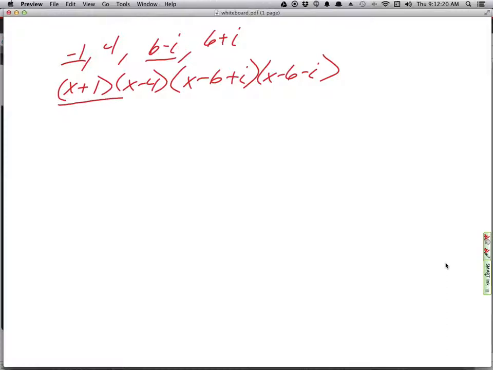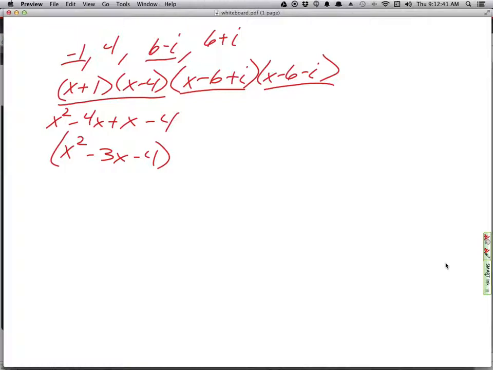Okay, so we multiply this out right here. That is x squared minus 4x plus x minus 4, so we're looking at x squared minus 3x minus 4. Now on the other one, I've just got to take each term times each term. So x times x is x squared, x times negative 6, x times negative i.